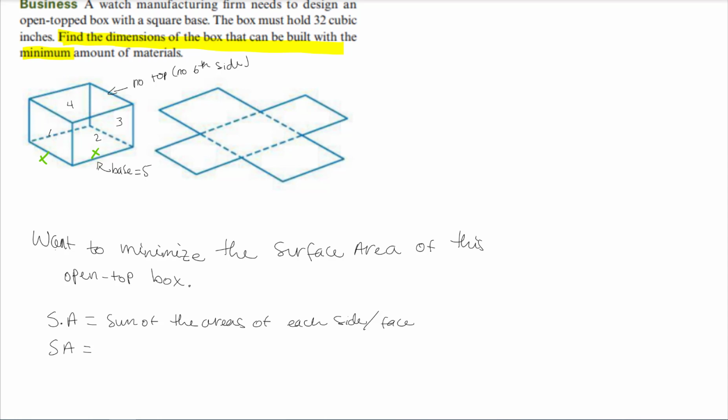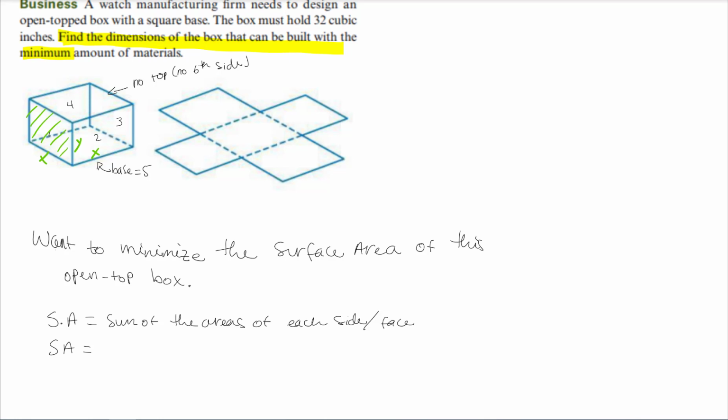Here, the way that is drawn, it appears to be a cube, but we can't assume. So we're going to call this y. If it ends up being a cube, then it will end up being x, but we can't assume it. So if I'm looking at this first side, what is the area of that? Well, it's a rectangle, so it is x times y.